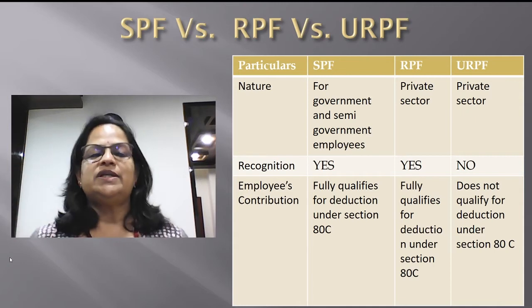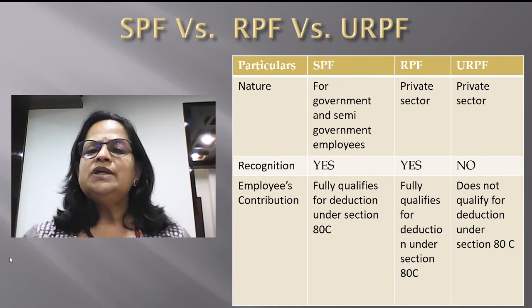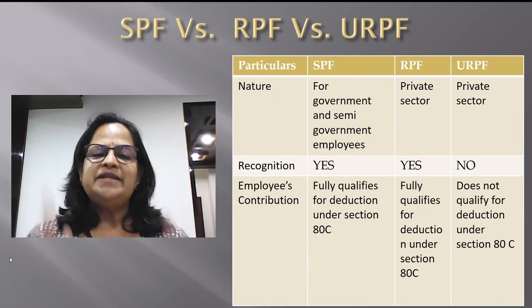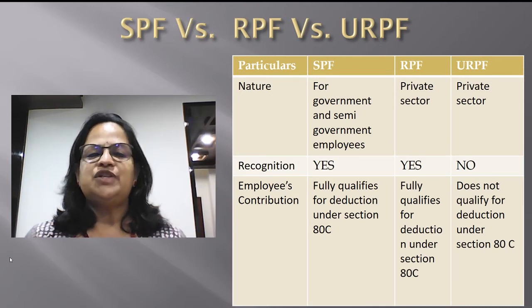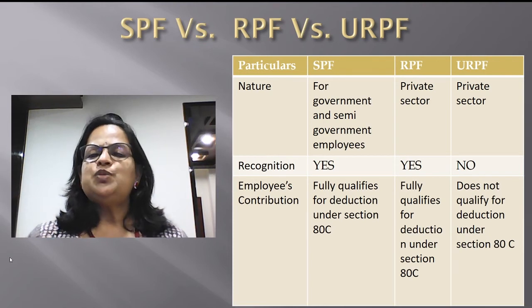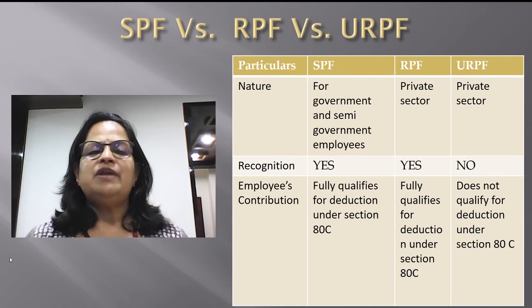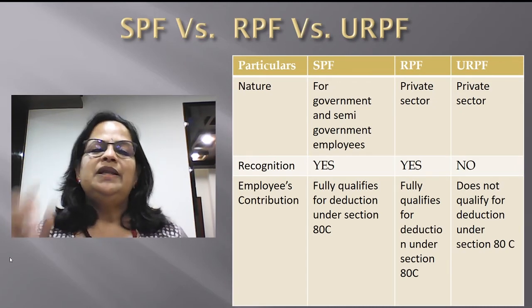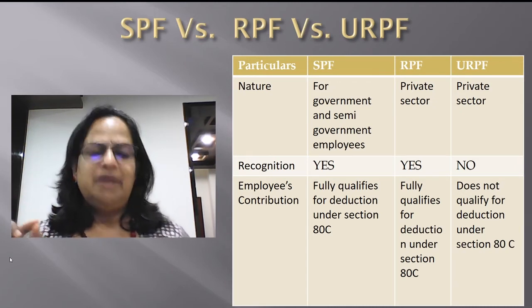They can reduce that. Next point, recognized provident fund fully qualifies for deduction under section 80C. So statutory provident fund and recognized provident fund are eligible for claiming the deduction under 80C. Whereas for unrecognized provident fund, there is no exemption available because, as I told you, it's not recognized by the income tax department. They are waiting for recognition from the income tax department.